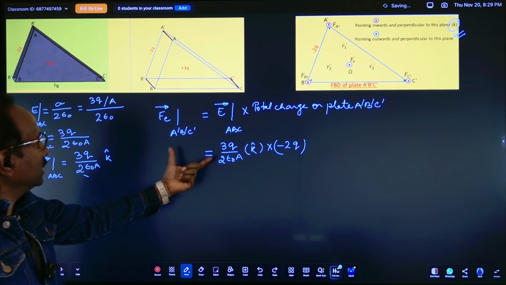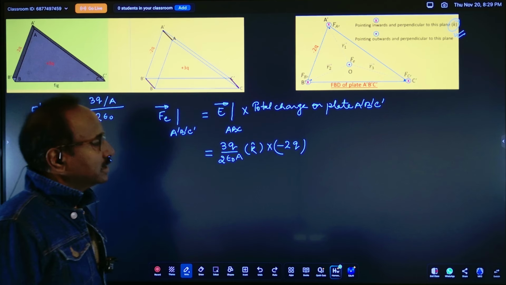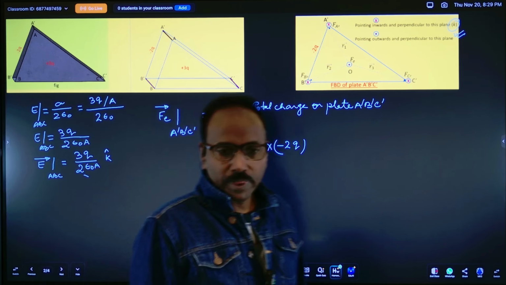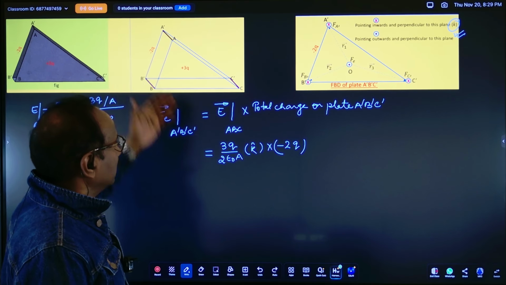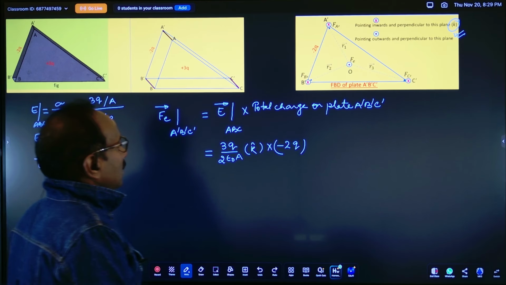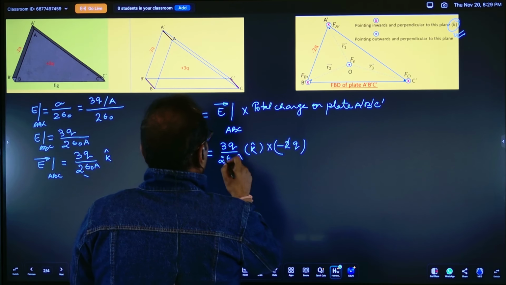So this will be the electrostatic force of attraction between the plates. Why am I saying attraction? Because positive and negative are attracting.